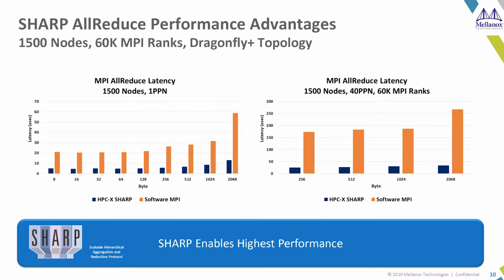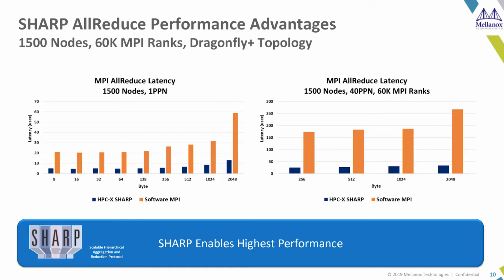Here's some data on larger systems. This is measured on the University of Toronto system, 1,500 nodes. MPI AllReduce is plotted as a function of message size from 8 bytes to 2K, with 1 process per node and full PPN.